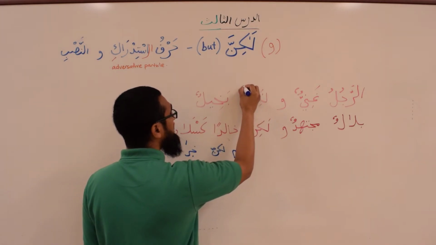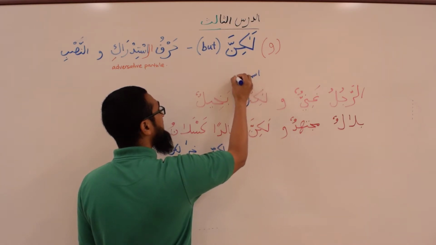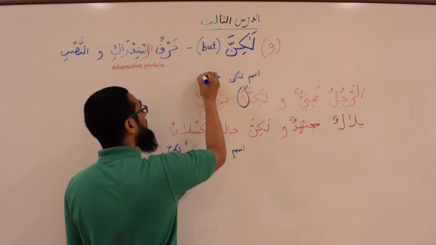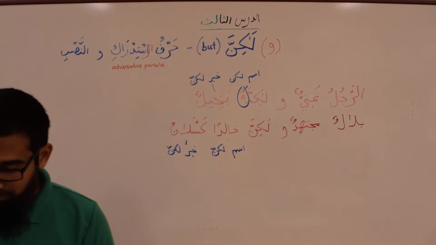Similarly here, the damir is ism lakinna, and bakhil is khabaru lakinna, and so on.